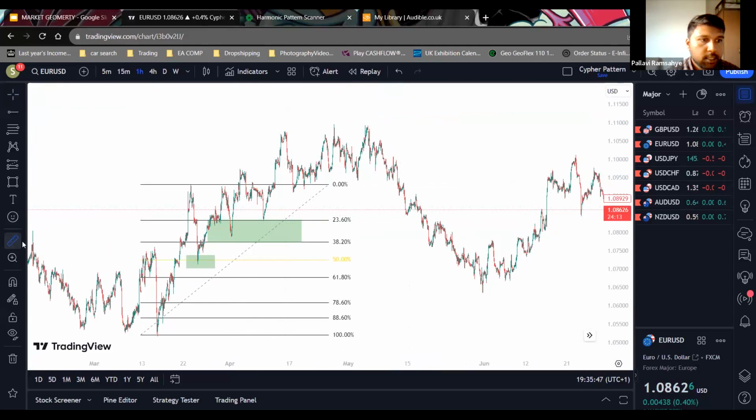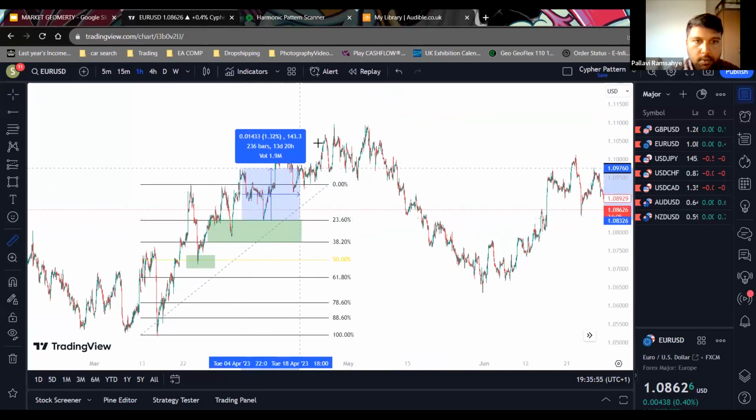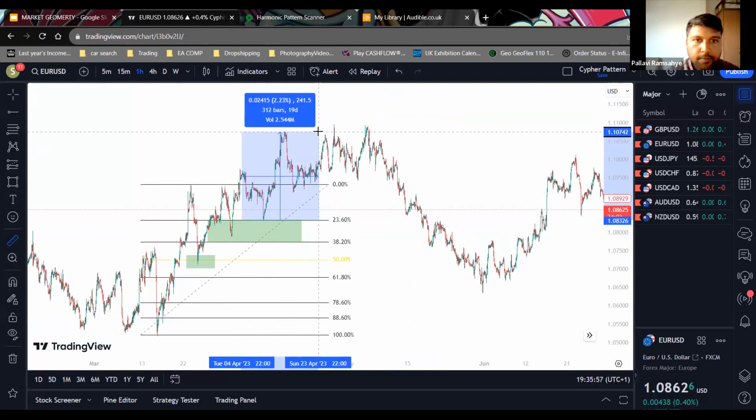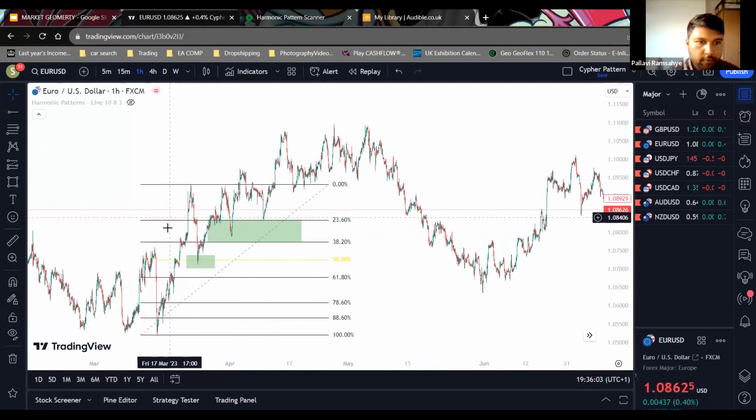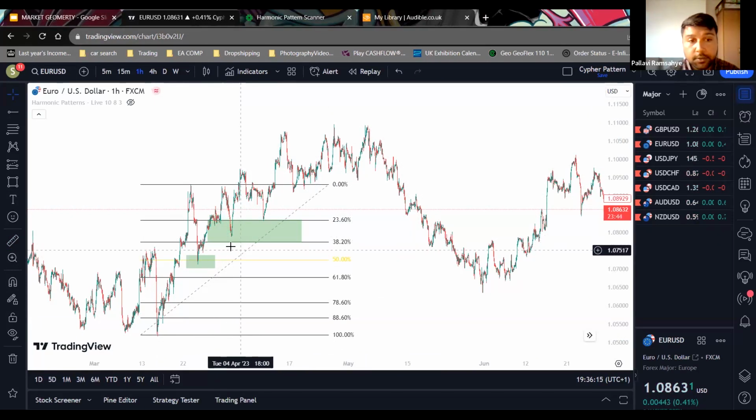So let's use this. That's 240 pips that shot up. We've gone from low to high, and let's say we entered between 23.6 and 38.2.